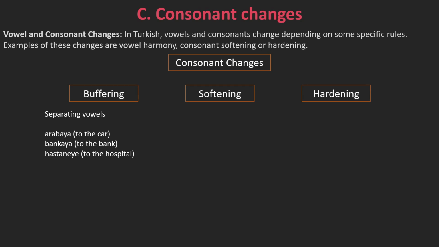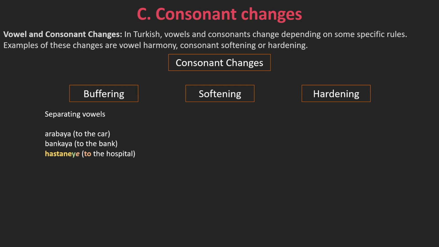And once again, the first is the root, the stem here. And then when you need to add the e for "to", they can't go together, so you are separating them like this. Hastaneye. That's the meaning or function behind buffering.